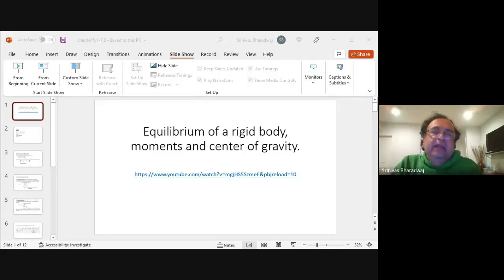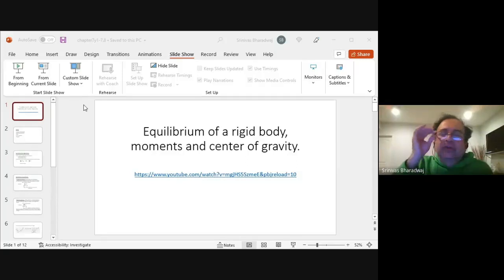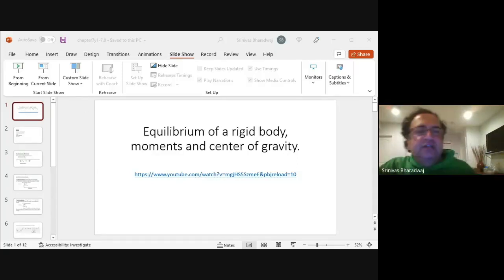In the ladder problem, there is a rough surface on the ground and a smooth surface against which the ladder leans. So now you have two normal reactions and you have also friction. Friction on a rough surface, and it's stationary, so that also is an unknown. So you have three unknowns, and you need three equations.